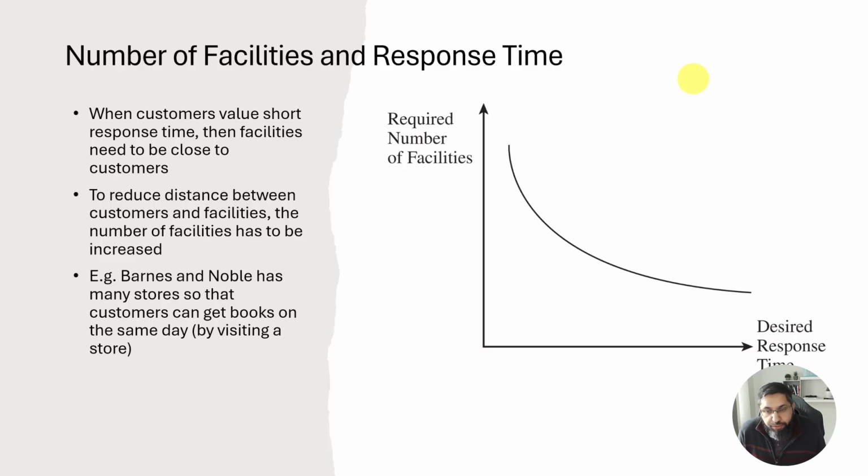Okay, so if you look at the graph, as you increase the number of facilities, so you are high on the x-axis, then you go and you look at the curve and you come down, you're going to have a very short response time.